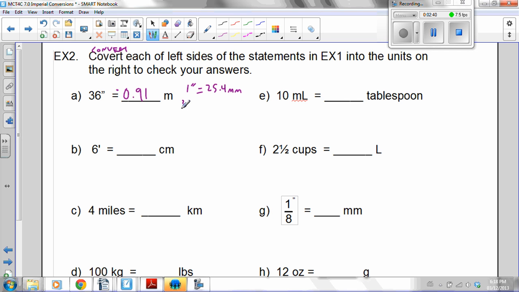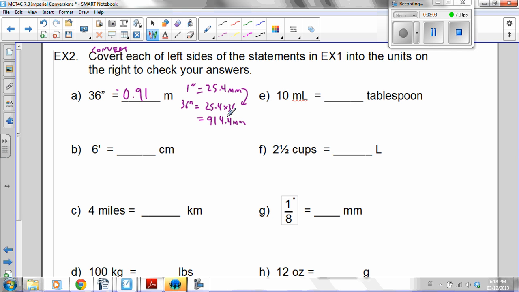Now I've got 36 inches. Well, how do I get from 1 inch to 36 inches? I'm just going to multiply by 36, right? 25.4 times 36, and I get an answer, which is 914.4 millimeters.